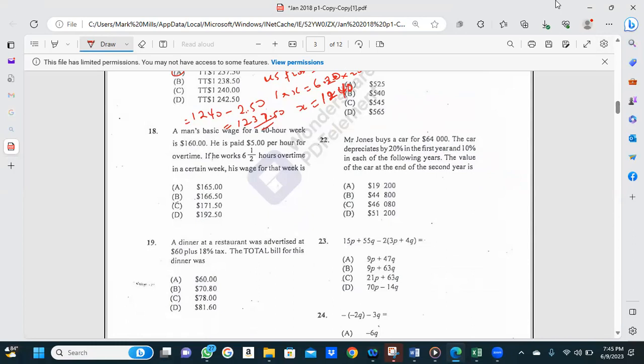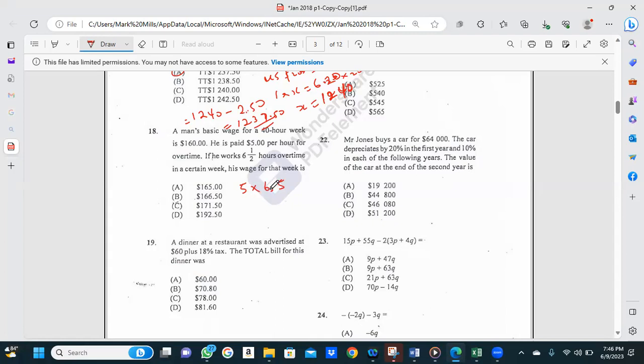What do we do? So somebody should help me up there quickly. We are going to multiply 5 times 6.5.